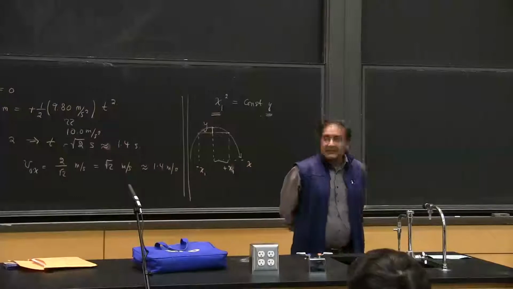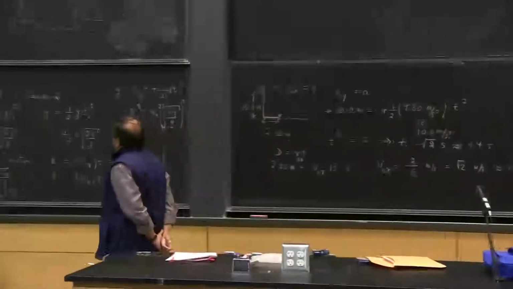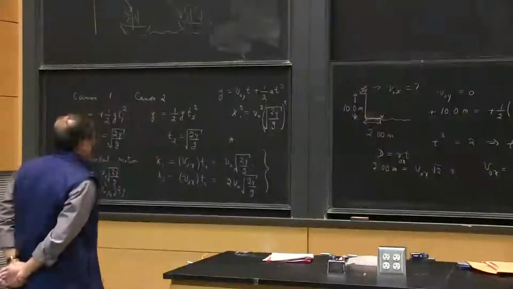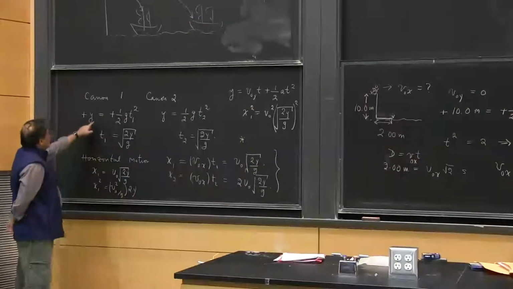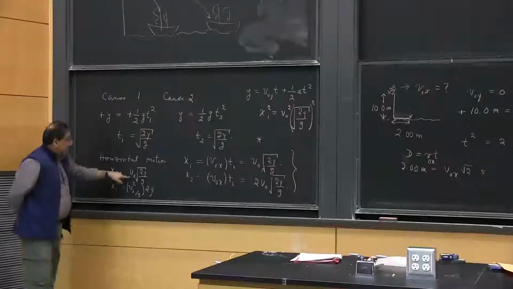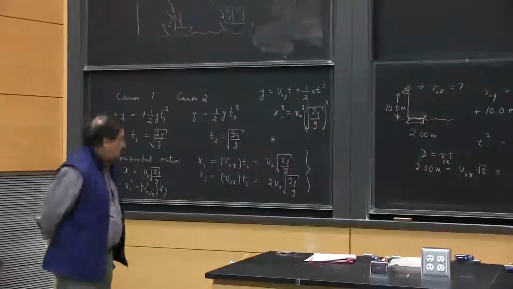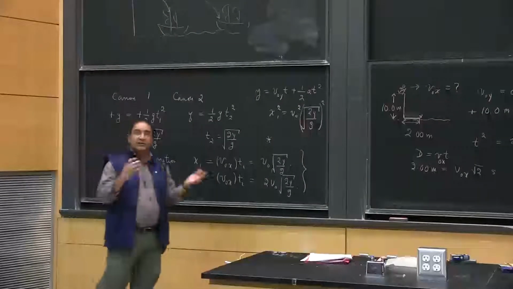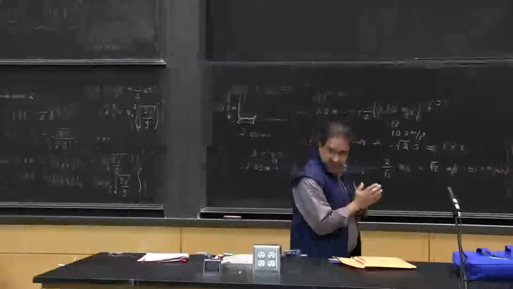Actually, this is something that I did here implicitly, and at some level I'm sure you guys got it, but it's important to realize that the way we are doing it is we are connecting time. So here the time of fall along the y direction is being connected to the motion along the x direction. So once we connect the time of fall in the y direction to motion along the x direction, I actually get the full trajectory. So the x and y motions have to be connected by time.